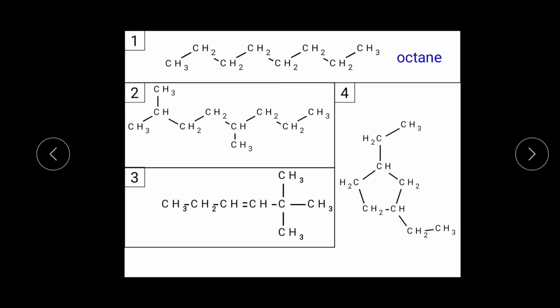On the longest chain, 1, 2, 3, 4, 5, 6, 7, and 8. This methyl is attached on the second carbon, and the other methyl is attached on the fifth carbon. And this is 2,5-dimethyl octane.